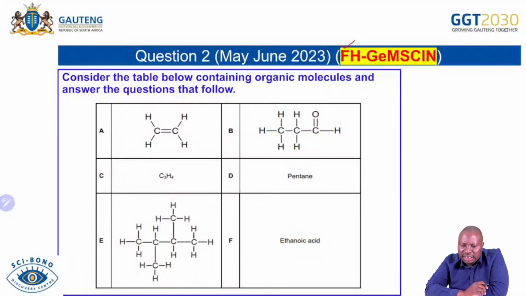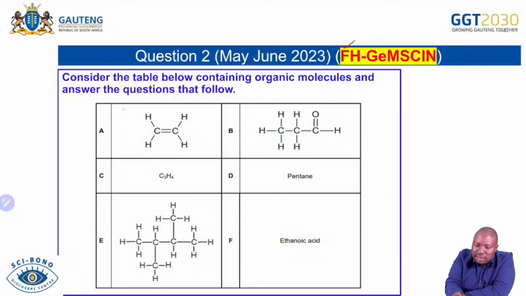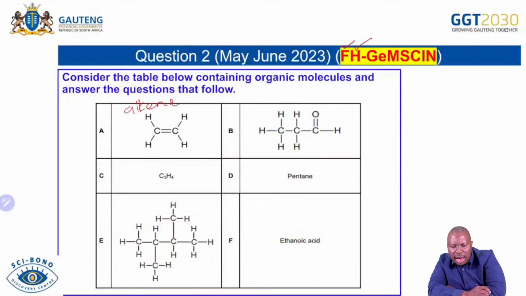So the first thing when you look at the structure, look at the functional group. In this case, our functional group is a carbon-carbon double bond, which you know is for alkenes. So the homologous series is alkenes.